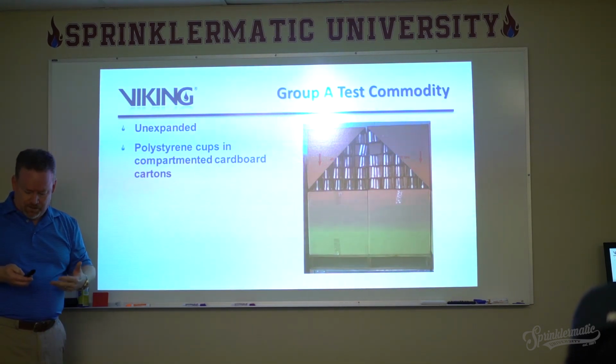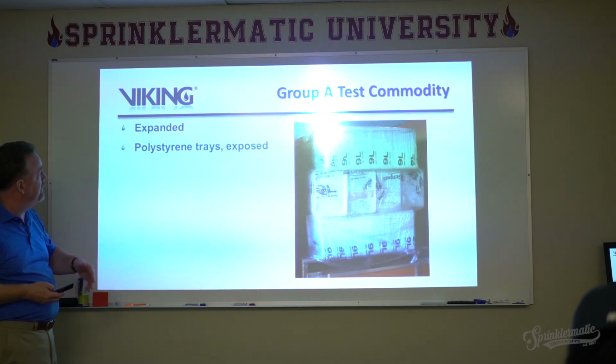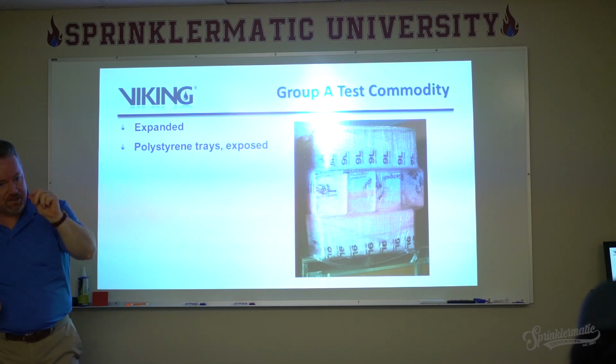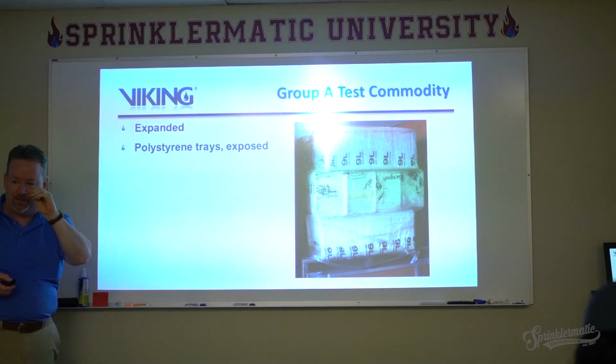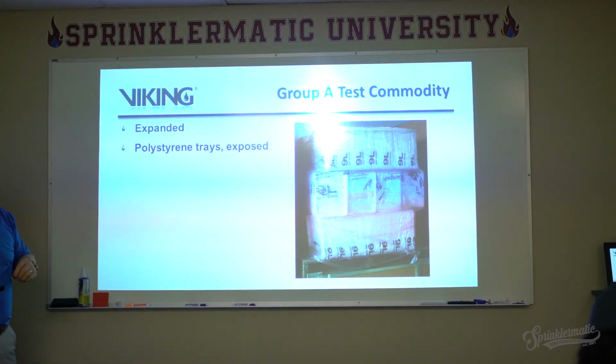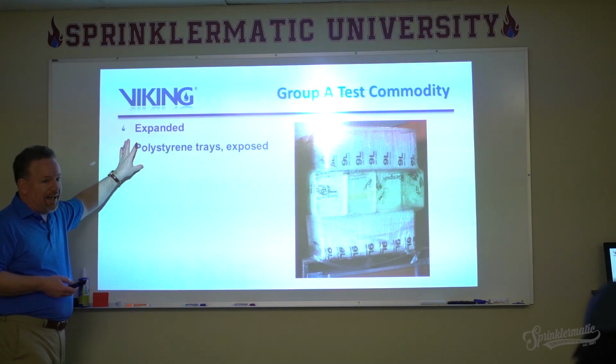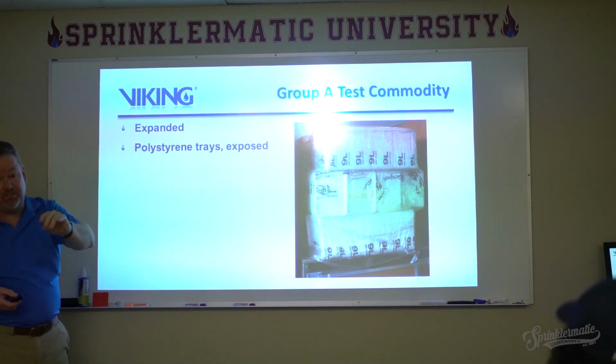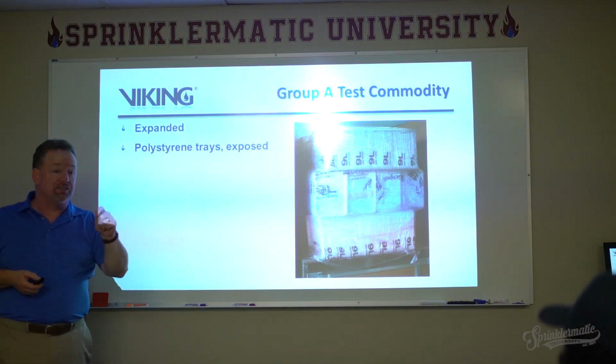That's typically when you get into the expanded, which is polystyrene trays that are exposed. In this particular case, here's our test commodity. Those polystyrene trays, any kind of plastic tray that feels kind of spongy, that is an expanded plastic, and because it's got air infused in it, these are going to burn.